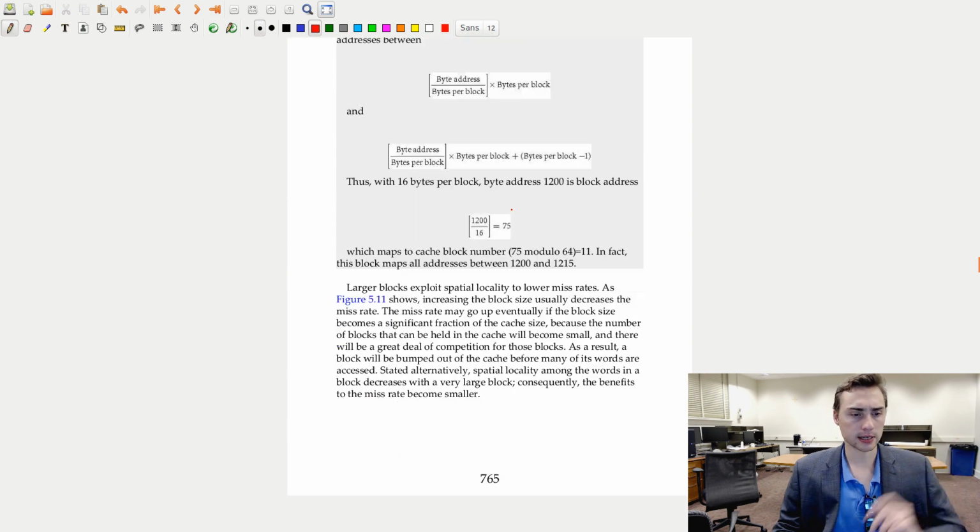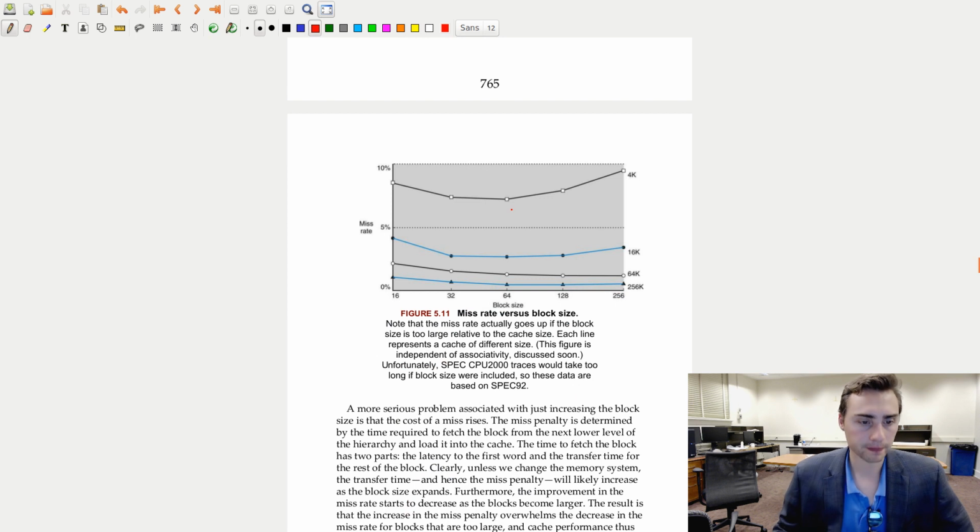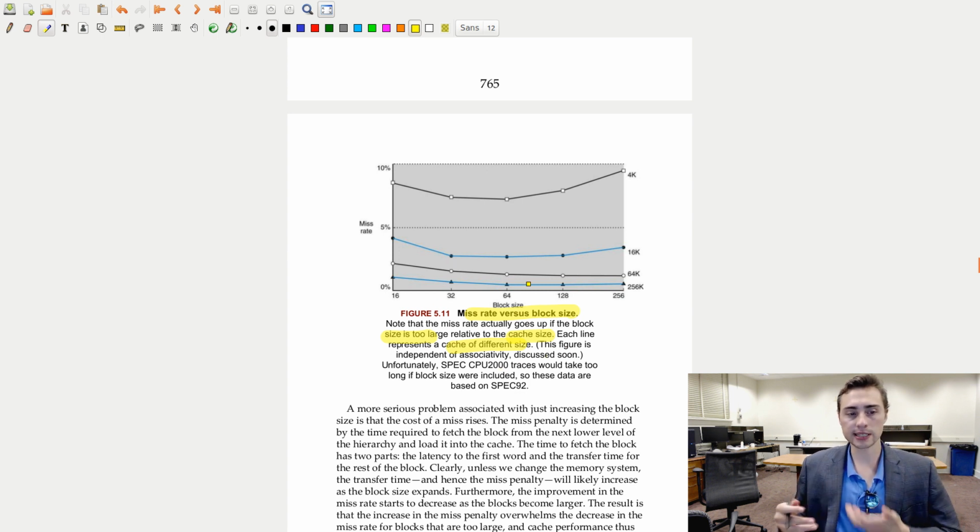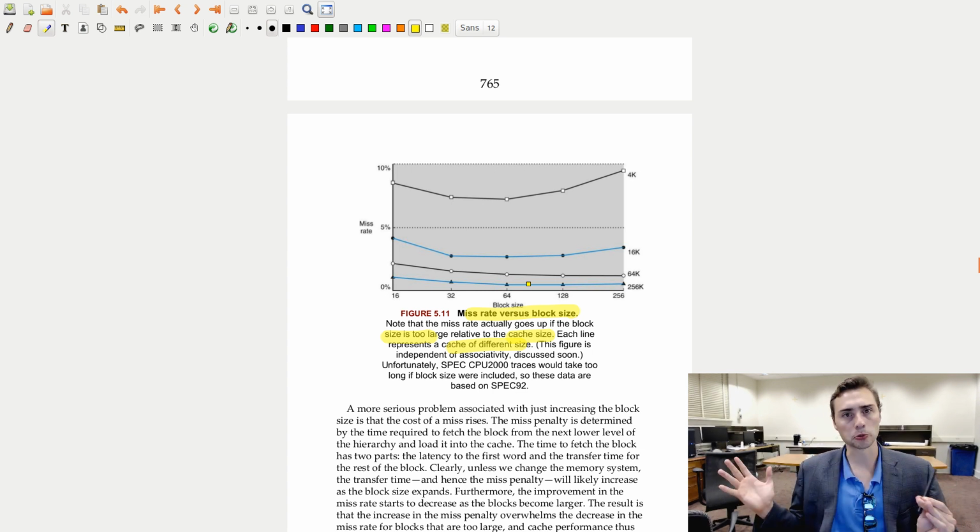Okay, this is nothing too interesting. So here we have a quick graph on the miss rate versus block size. Note that the miss rate actually goes up if the block size is too large relative to the cache size. Each line represents a cache of different size. This is one of the key ideas when we're designing a cache, right?